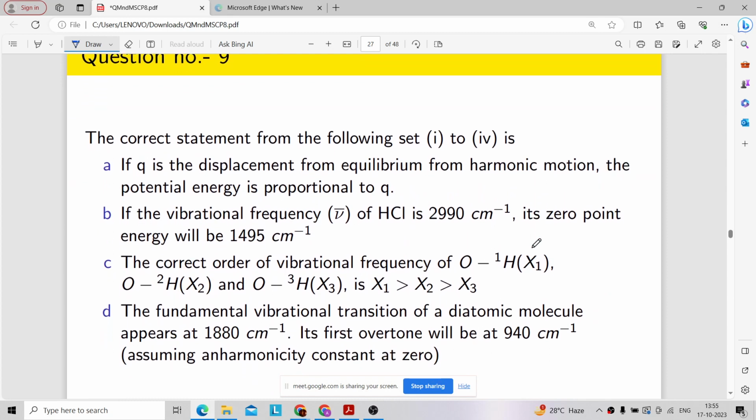Okay, moving on to the next question. Which will be the correct statement from the following set? So let me read this. If q is the displacement from equilibrium in a harmonic motion, the potential energy is proportional to q. Is it correct?